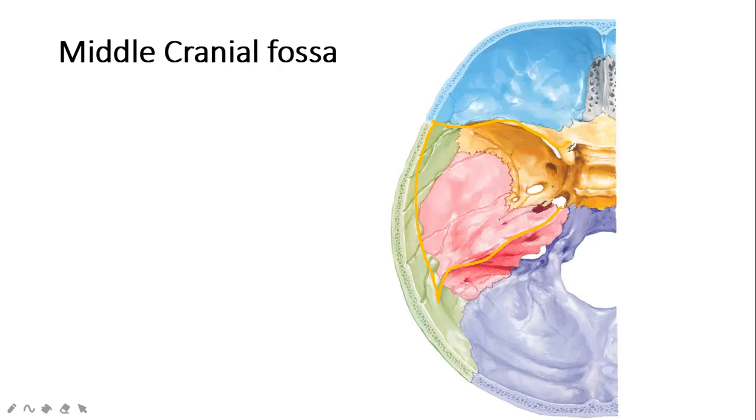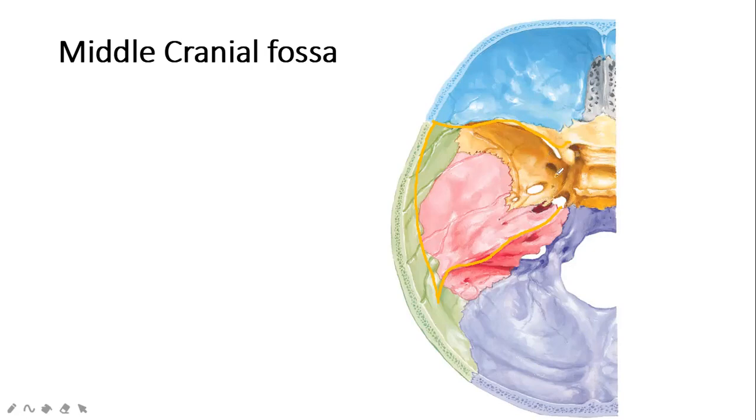At this point, you have a canal, the optic canal, for the passage of the optic nerve. This also connects the middle cranial fossa and the orbital region. We'll talk about it as well when we do the orbital cavity.